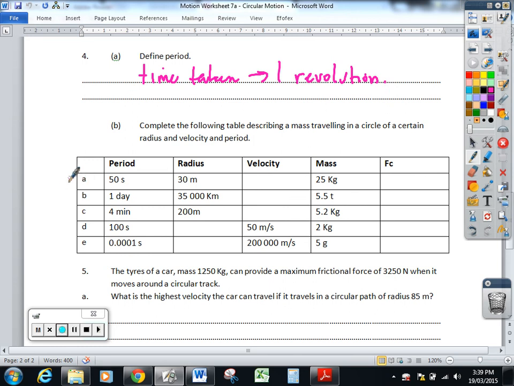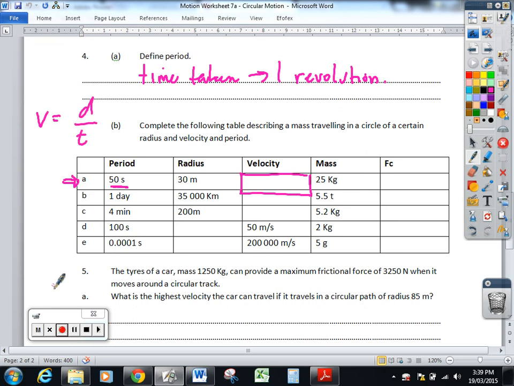Now, let's just take the first one here. Complete the following table describing the mass travelling in a circle of a certain radius and velocity, period. So this is the time taken for going around in one full circle. This is the radius. We've got to work out the velocity. Velocity is distance over time.